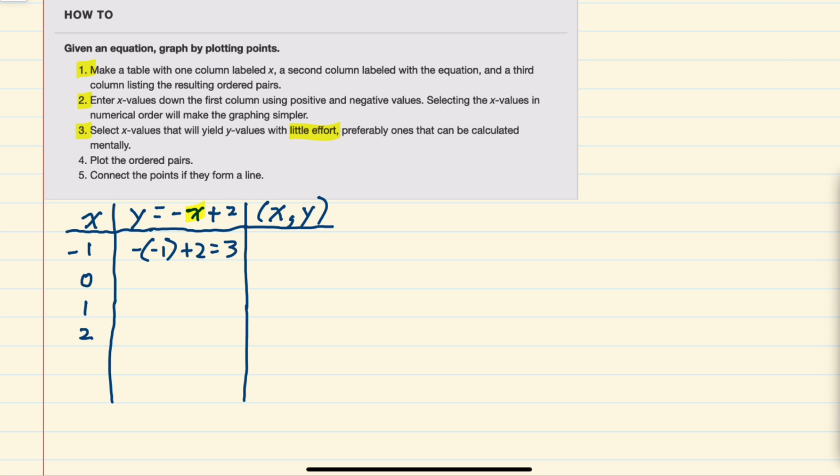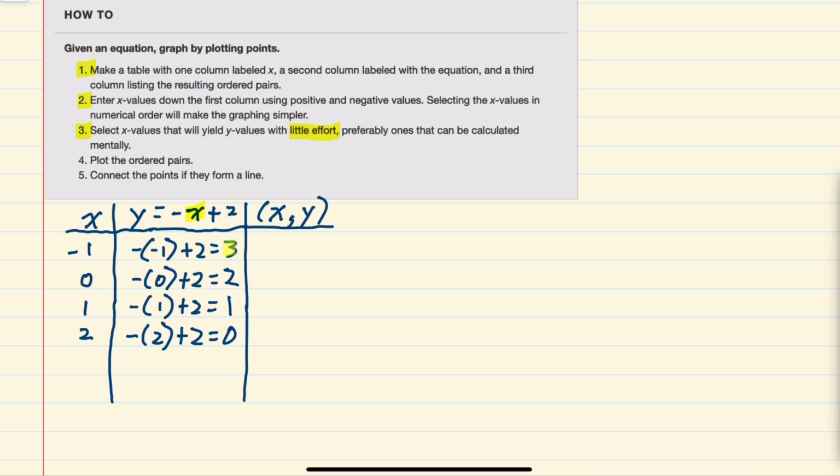Replacing x with 0 would be negative 0 plus 2, which is 2. Replacing x with 1, negative 1 plus 2 is 1. And replacing x with 2 is negative 2 plus 2, which is 0.